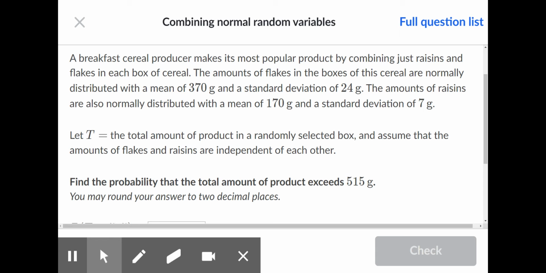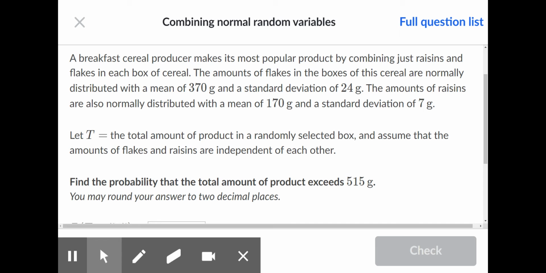They ask us to find the probability that the total amount of product exceeds 515. Now, 515 is probably on the left-hand side. Maybe I should write the numbers down. 540 minus 25 is 515, and 515 minus another 25 is 490.